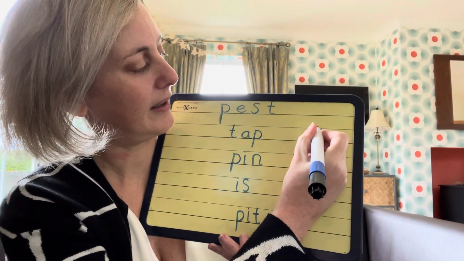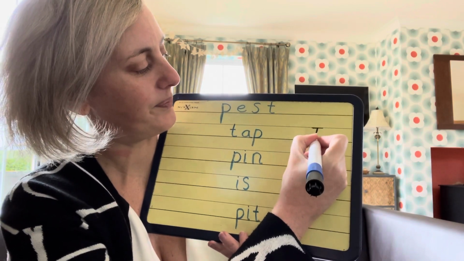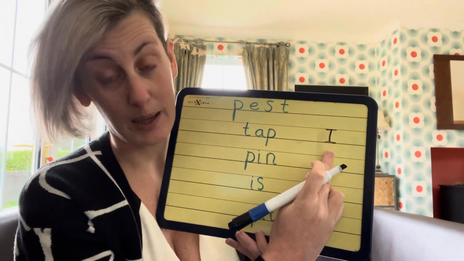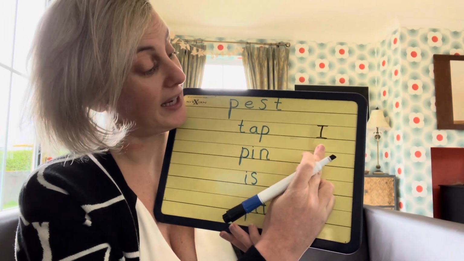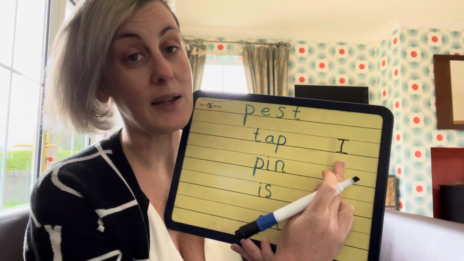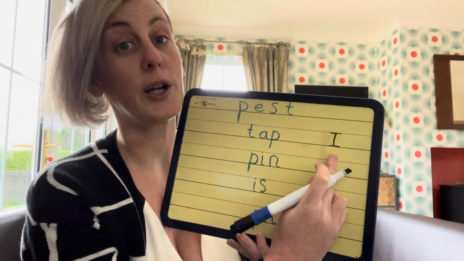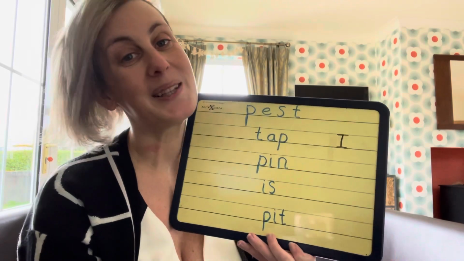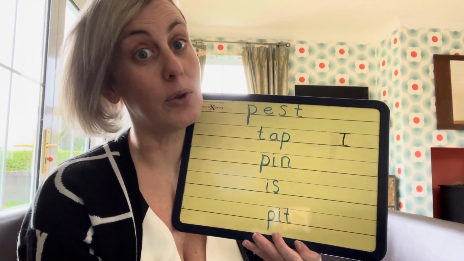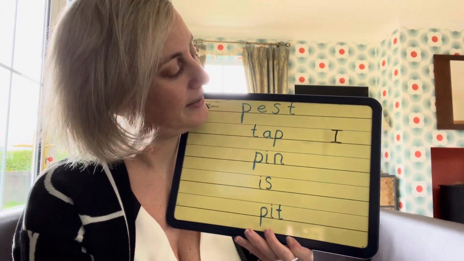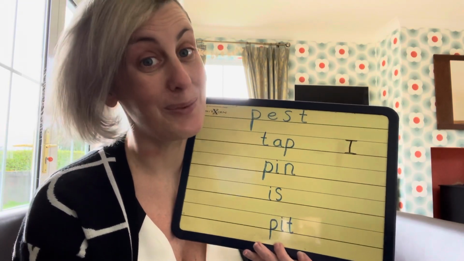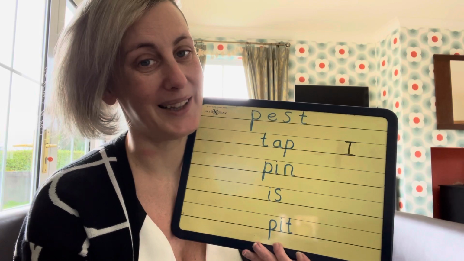Now, it's just one letter and it's a capital letter and it's the capital I, but it doesn't make the sound I. It is the word I. And that's why it's a tricky word, because it doesn't make the sound that we normally make when we read that letter. So you can look out for the word I in the tricky word song I'm going to put up for you as well.